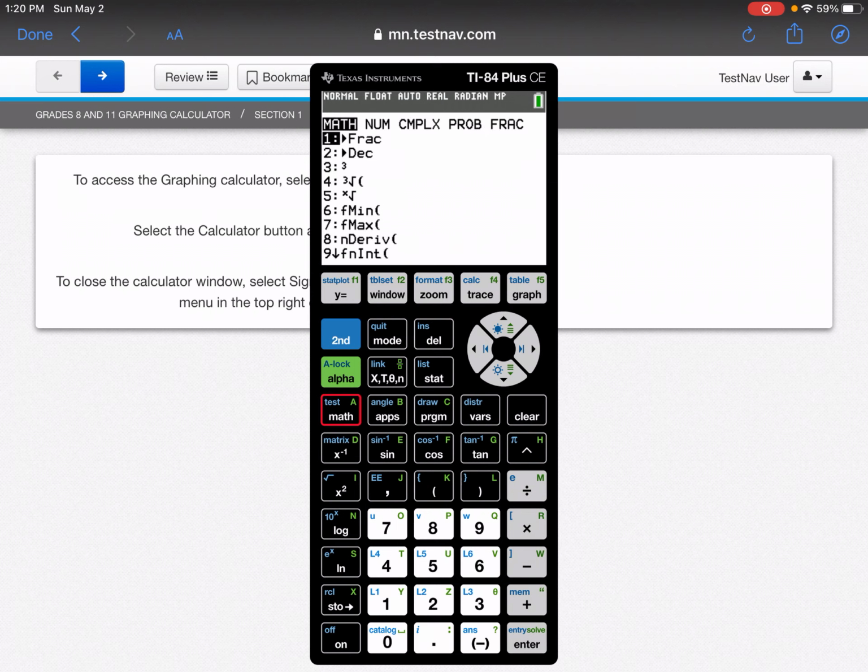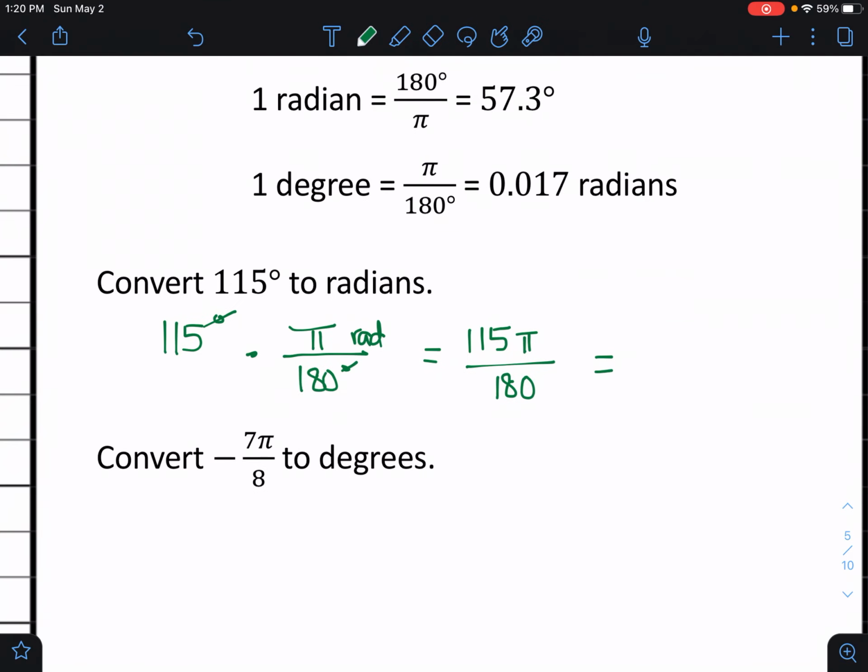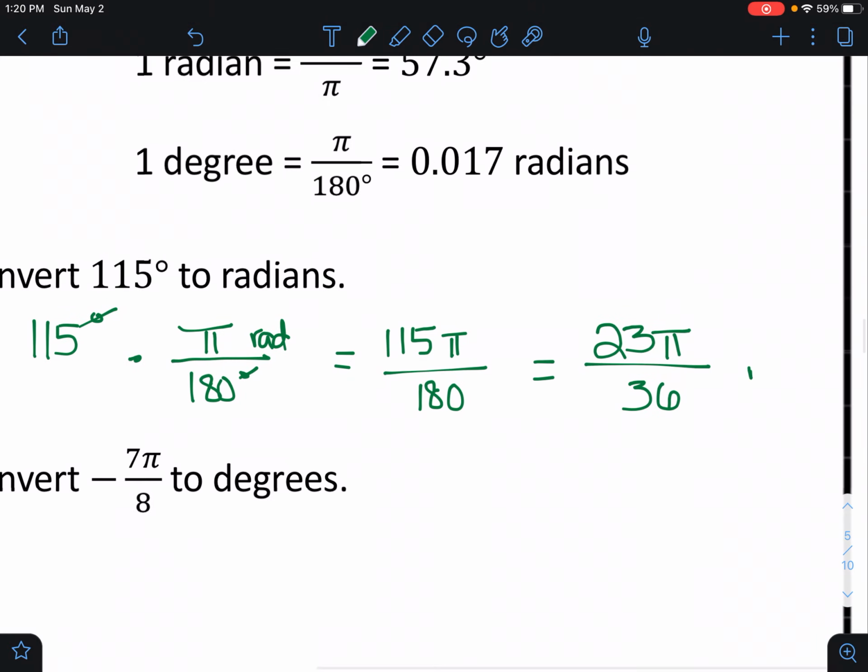Remember, you press math, enter a couple times, and that'll reduce it down for you. You get 23 over 36. And then we'll write that pi back in there. So this is 23 pi over 36. Now, radians.